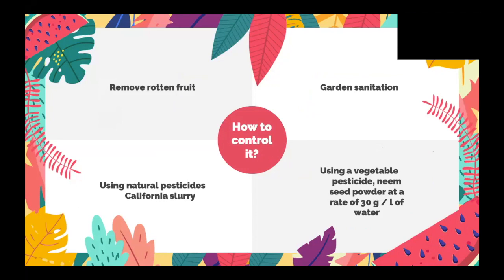The next slide will be how to control it. First, remove the rotten fruit. Second is garden sanitation. The third is using natural pesticide California slurry. And the last is using the vegetable pesticide neem seed powder at the rate of 30 grams per liter of water.